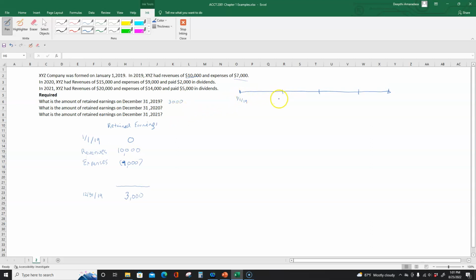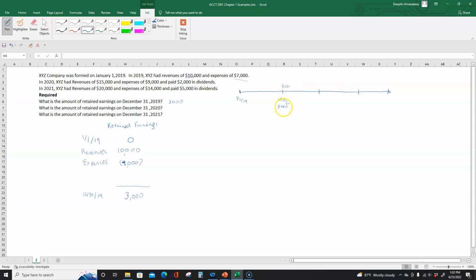Now, in the timeline, we are here. We're on December 31st, 2019, and we determined that there was $3,000 of retained earnings at the end of 2019. Now let's look at the very next day. The very next day is the beginning of 2020. It's January 1st, 2020.